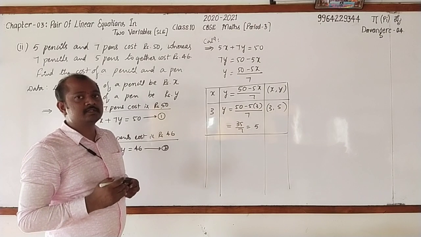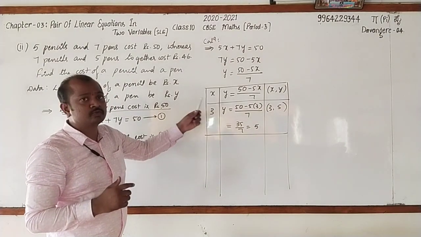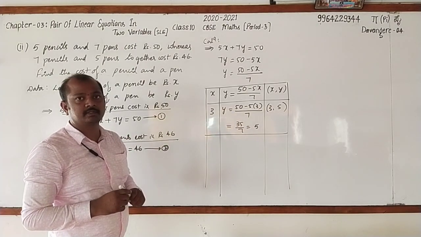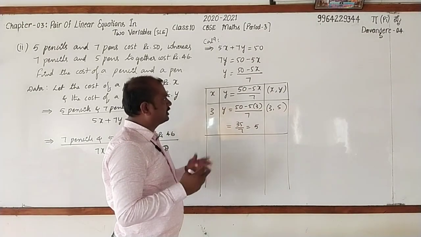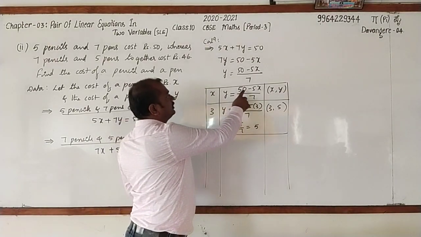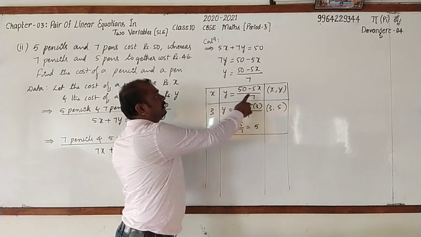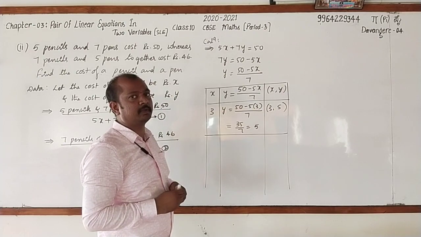Then which is a suitable number? Now let us take a suitable number to find the coordinate points. Observe, so it won't work for 7 or 8. Then when you take 9, 9 5s are 45. 50 minus 45 is 5. It is not divisible by 7.